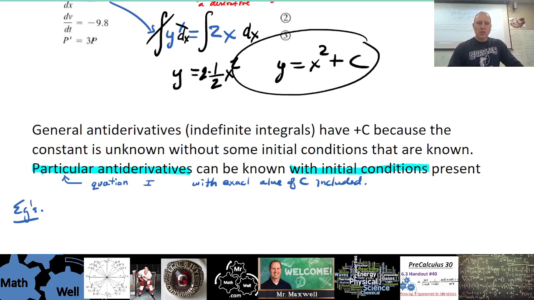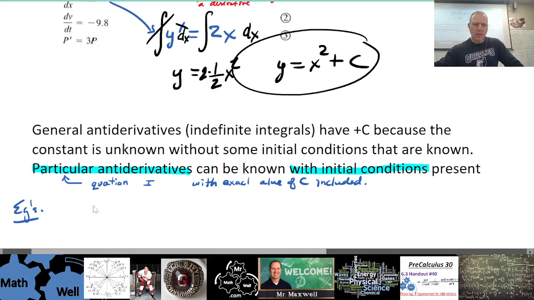Okay, so it looks like something got erased down here. Equation of the antiderivative, I guess, of the integral. I think that was supposed to be there. Something got erased. Equation of integral with exact value of c included. Okay, that's the particular antiderivative.